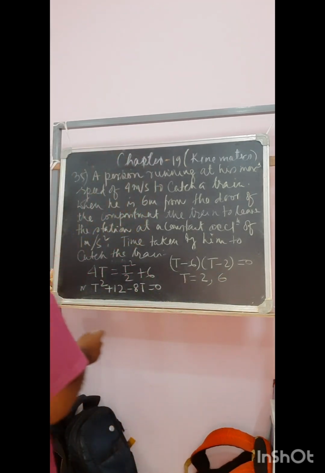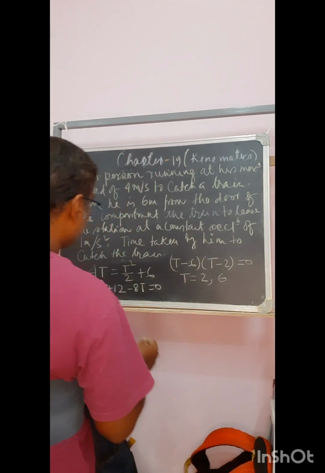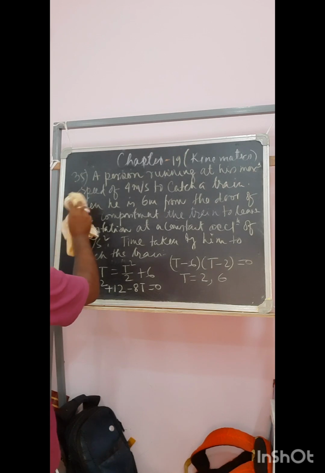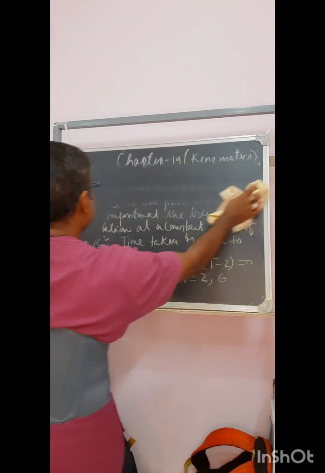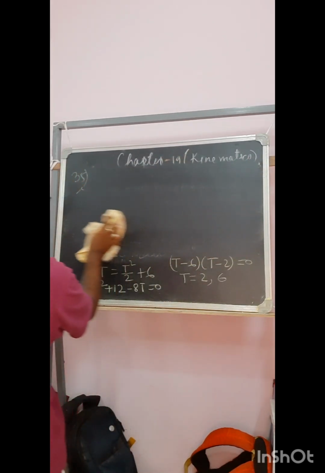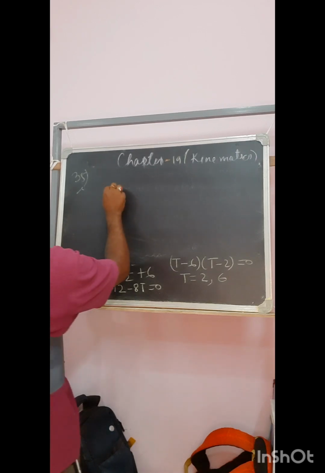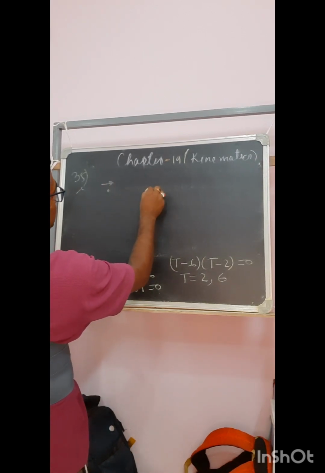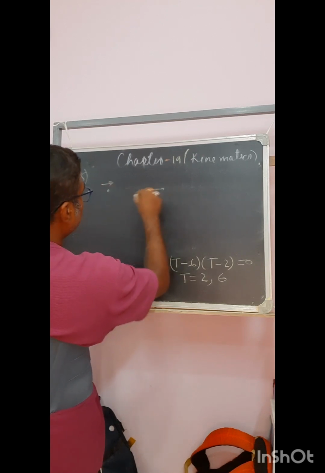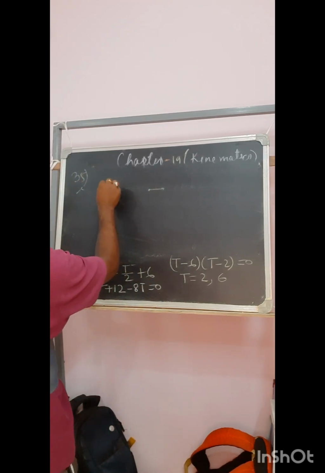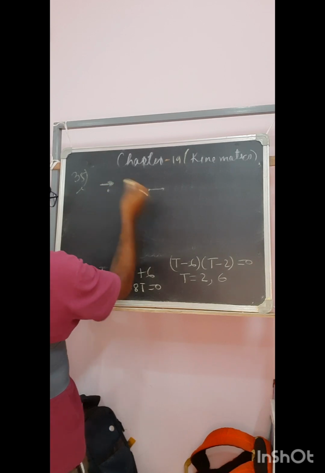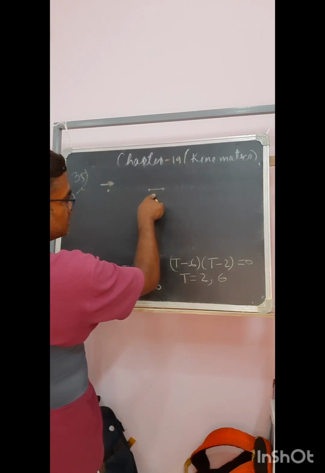Why two values, and what is the justification for that? Let me explain it. A person is standing 6 meters apart, so he is chasing the train. The train has also started. At one point of time, as his velocity is higher, he can reach it.